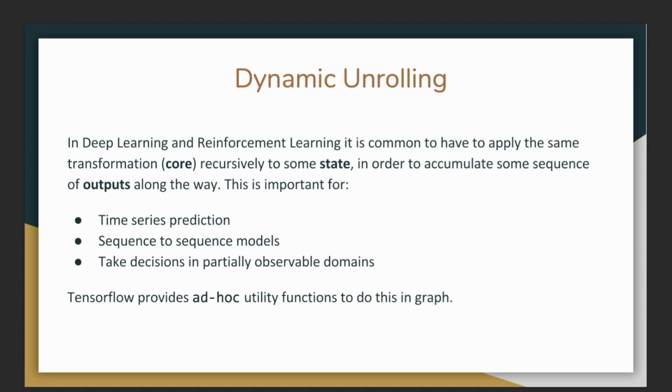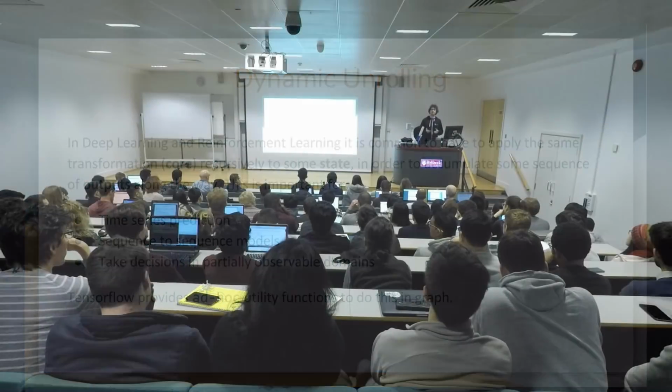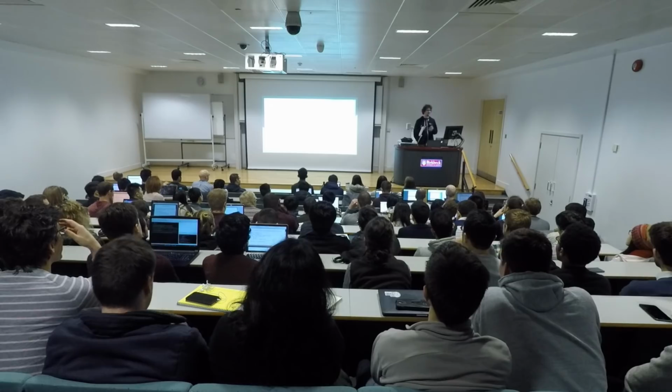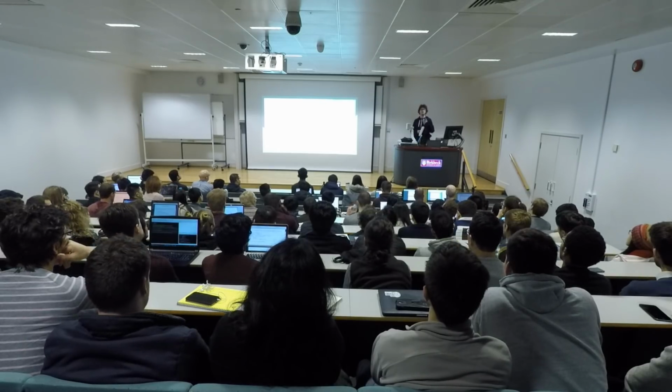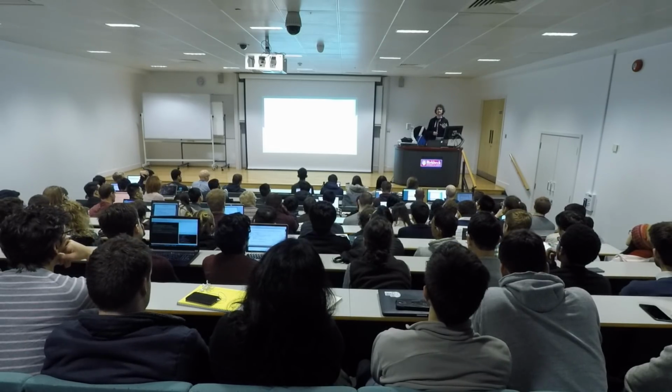This is also the case for these cyclic and iterative computations. So what is the standard setup when you do this kind of iterative computation in deep learning and machine learning? The standard situation is that you have some transformation, which we typically call a cell, and which you apply recursively to some state, which is what persists and is accumulated along the way.